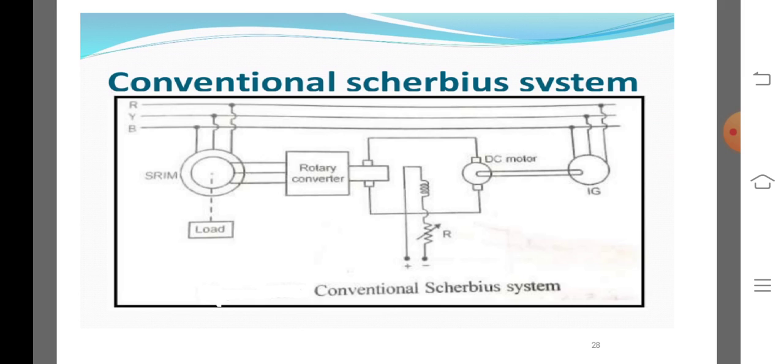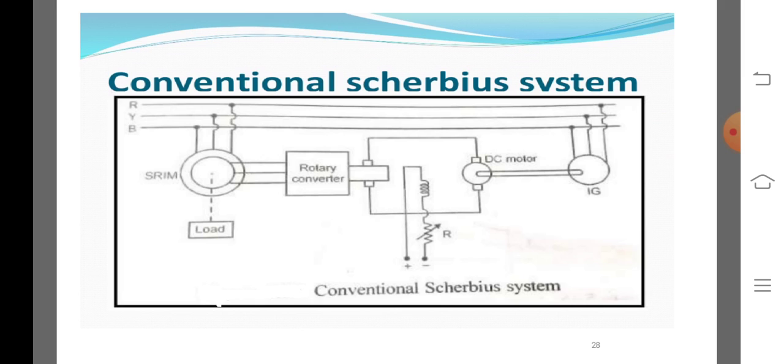Next, let us see the Kerbeus system. In this method, a special 3-phase or 6-phase AC commutator motor called the Kerbeus machine is used. This Kerbeus machine is excited at slip frequency from the rotor of the main motor through a regulating transformer.